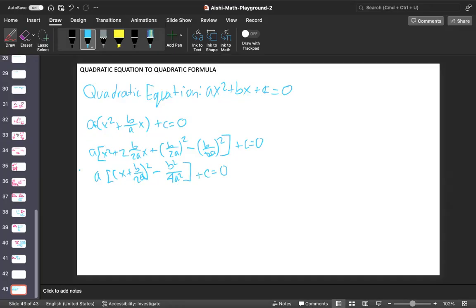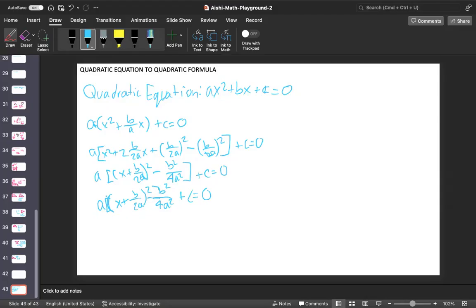Okay, so now let's make this easier. So we have a times x plus b by 2a whole squared minus b squared divided by 4a squared plus c is equal to 0.